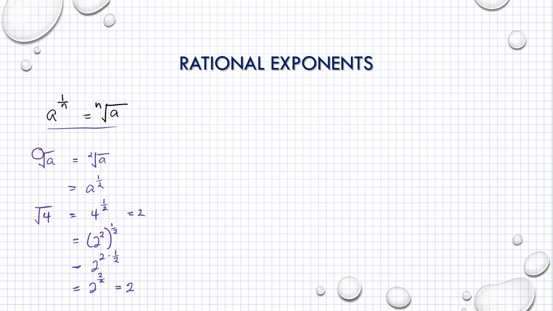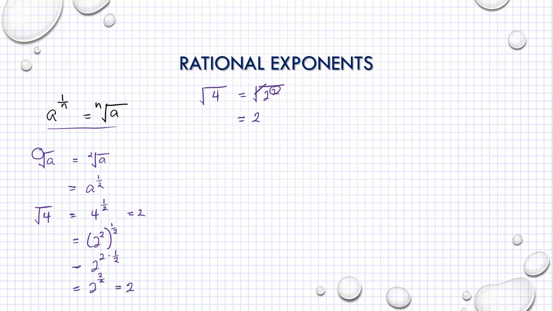That is the reason why when your teacher discusses that the square root of 4 is the same as 2, because 4 is 2 raised to 2. And this 2 and that radical symbol cancel each other, so only 2 remains.